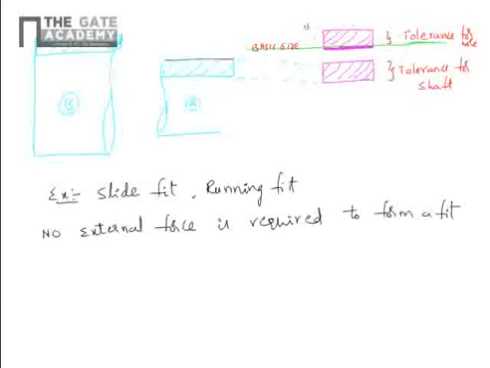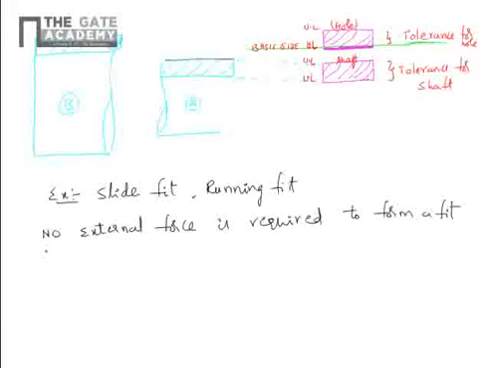This part is upper limit of hole, this one is hole, this one is shaft. This is upper limit of shaft, this one is lower limit of shaft, this is lower limit of hole. So lower limit is same as basic size, that's why it is basic hole system.